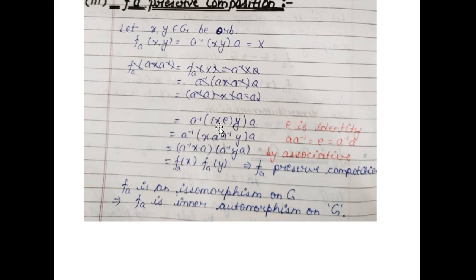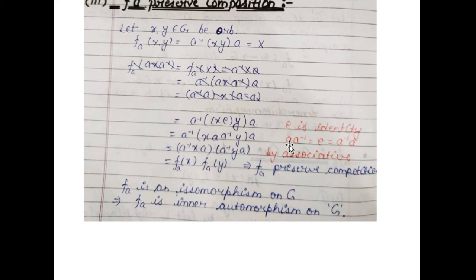Multiplying the identity element by any element does not change it. So we can write x E y A. Now you can write E as A A inverse. This is the definition of identity.